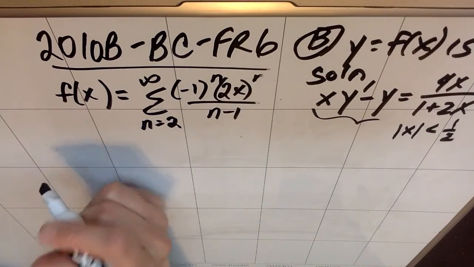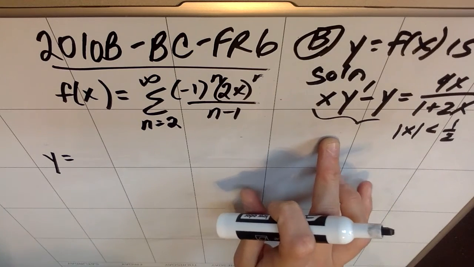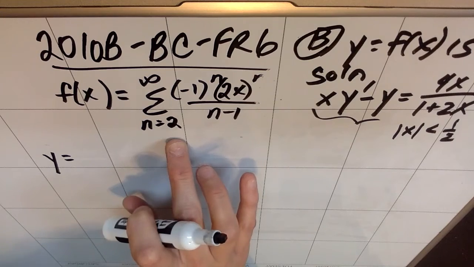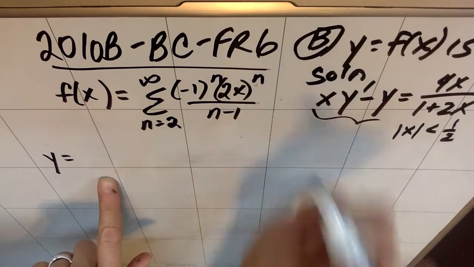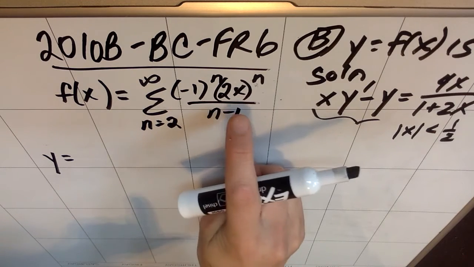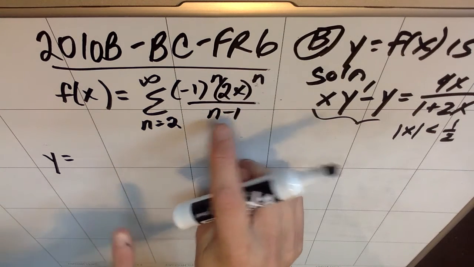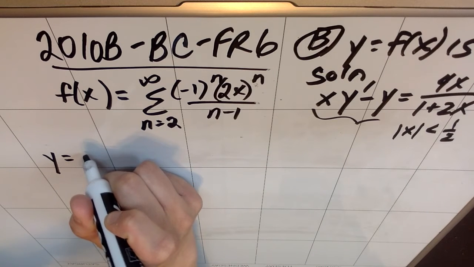So I'm going to start by writing out the Maclaurin series for y. I'm going to start plugging in n is 2, right? When I plug in n is 2, I'm going to get a positive 1, a 2x quantity squared, and that's over a 1 because it's 2 minus 1.